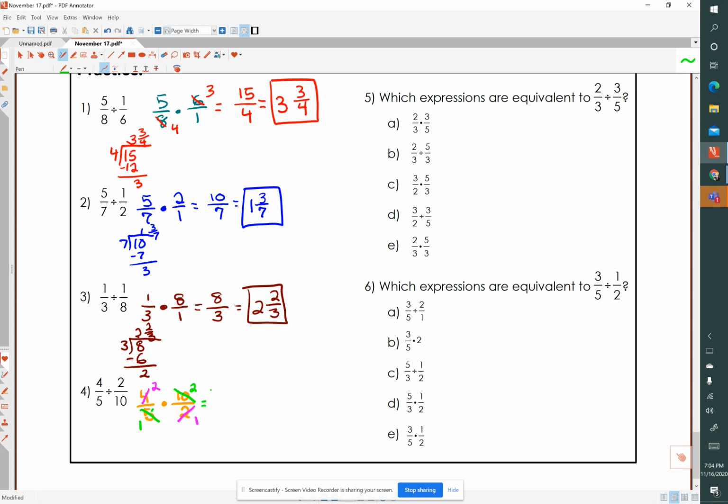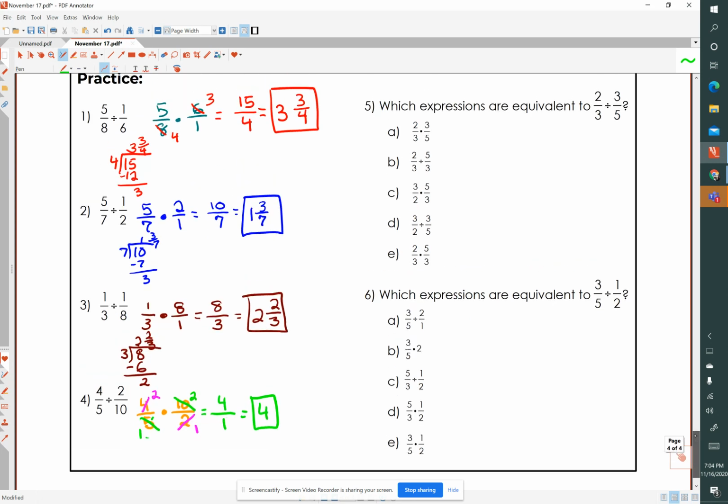So multiplying across, 2 times 2 is 4. 1 times 1 is 1. And anything over itself, over 1, equals itself. So 4 over 4 equals 1.